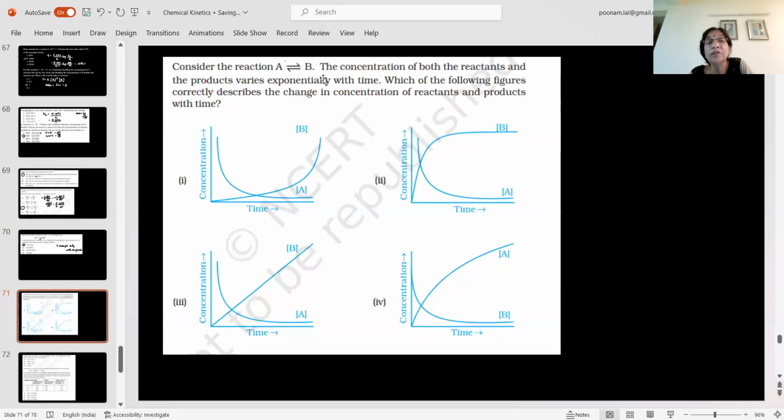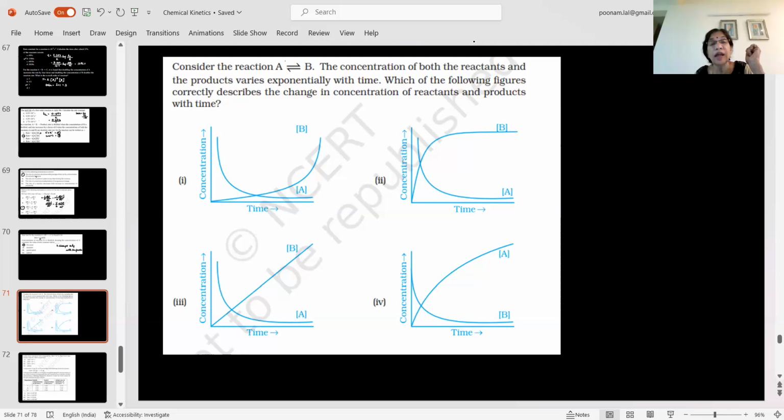Next one, this one. Consider the reaction A changing to B. Concentration of both reactants and products varies exponentially with time. Which of the following figures describes the change in concentration of reactants and products with time? Now here, if I look at A, what is A? A is a reactant and B is the product. So what is happening?